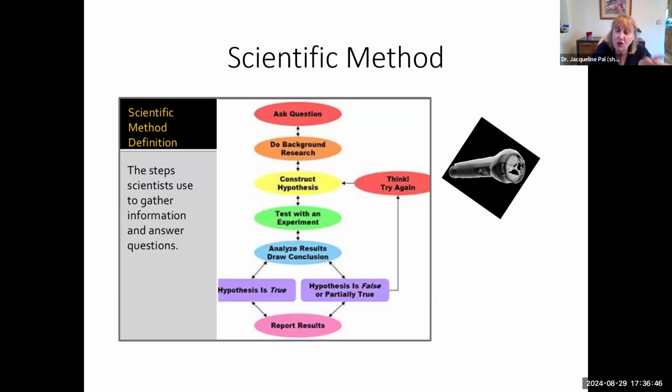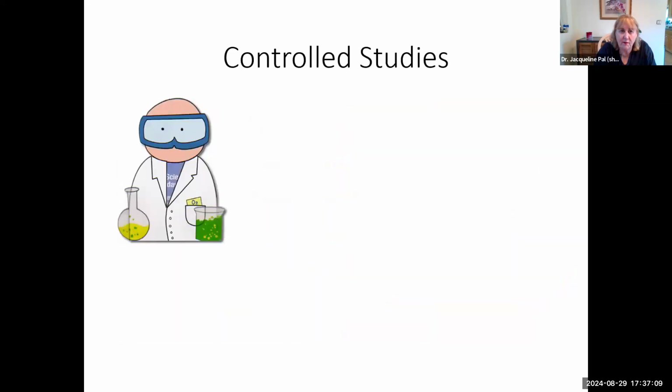Now you would leave good batteries in there, because now you know you have functioning batteries. So you would change the light bulb. And if your bulb works at this point in time, then you know the problem was the bulb. And so that's an example of how the scientific method would work. And you would report the results.